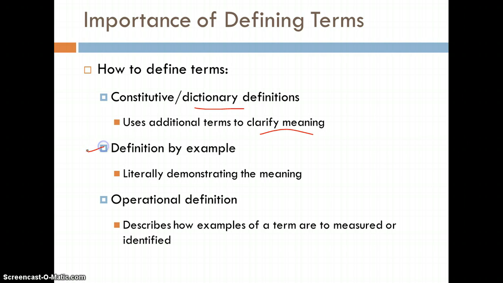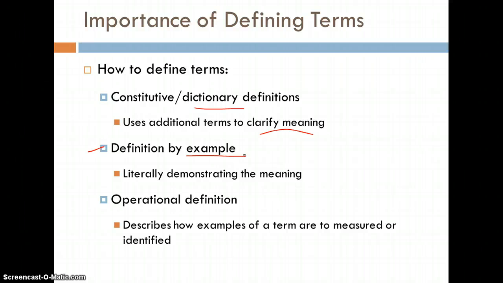You might define them by using an example, or literally demonstrating the meaning, especially if it's a concept or a construct or a term that is a bit more abstract. For example, if you're trying to measure, we talked about this in other screencasts in class, if you're trying to measure intelligence, intelligence is in many ways an abstract construct.